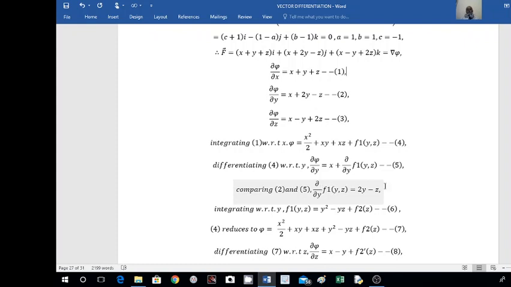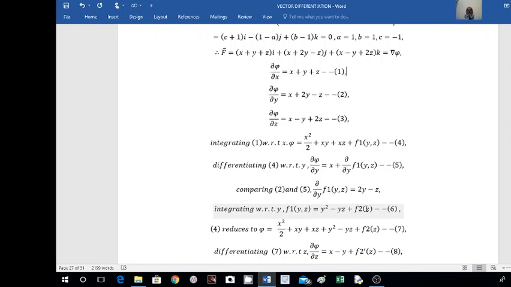Now, if we integrate this with respect to y, dou by dou y is there. If I integrate, I will get f1. Integrating this with respect to y, we get f1 of yz is equal to, what is the integration of 2y? y square by 2. So the 2 gets cancelled, y square minus, I am integrating with respect to y, which means z is a constant quantity, z into y, that is yz, plus constant of integration I have to write here.